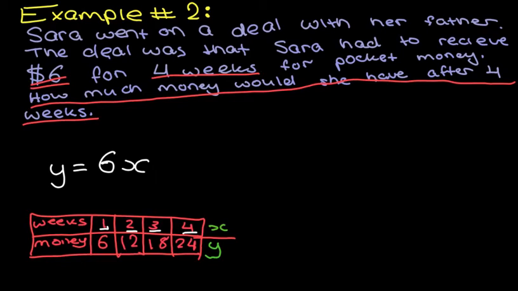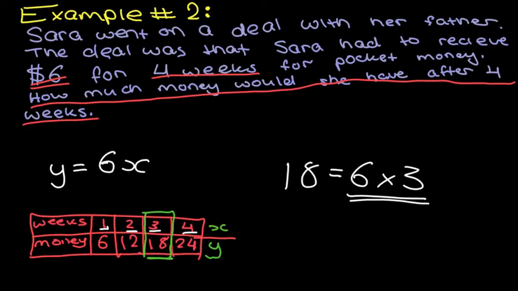And just to test this out, we can substitute it. Let's say we chose this one. And we wrote 18 equals 6 times 3. That is true because 6 times 3 does equal 18.